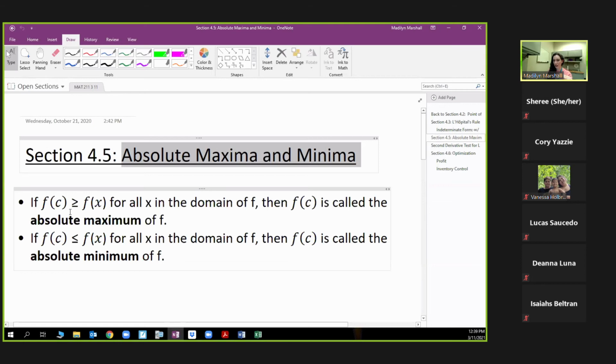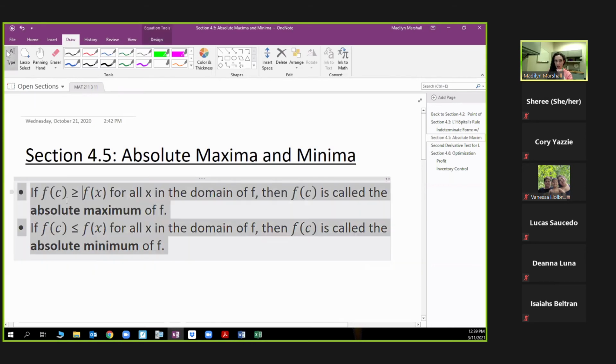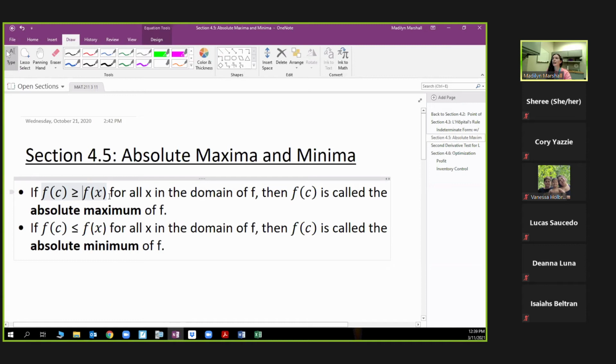You don't need to even have these written down because we're not really going to work with them, but just as a note, an absolute maximum is the very biggest maximum for f. If we have a local maximum, that's just a little hump, but there could be higher values elsewhere. And so the absolute maximum is the absolute highest. Absolute minimum is the absolute lowest. We can have lots of local maxima and minima, but there's only one absolute maximum and one absolute minimum.